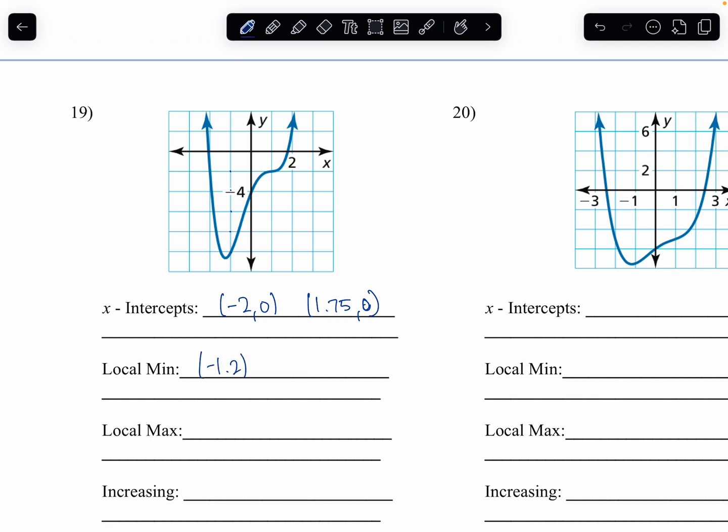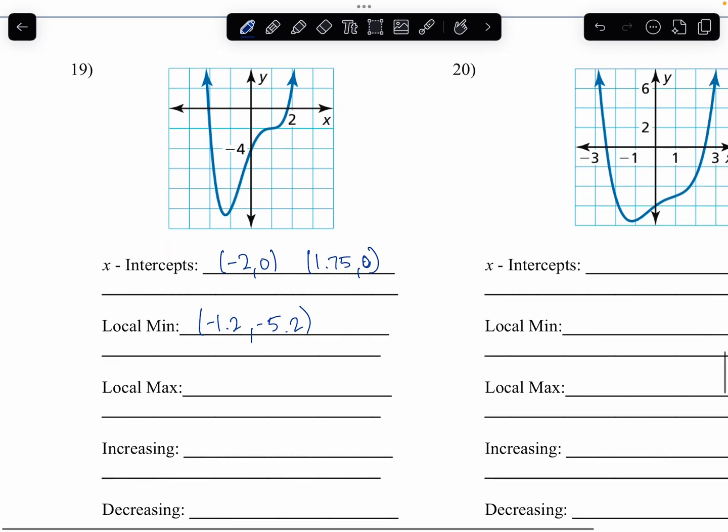I need to be talking about this. So this is 1, 2, 3, 4, 5. This would be 6. So this might be like -5.2, I guess you can say. So -5.2. So that would be the minimum.